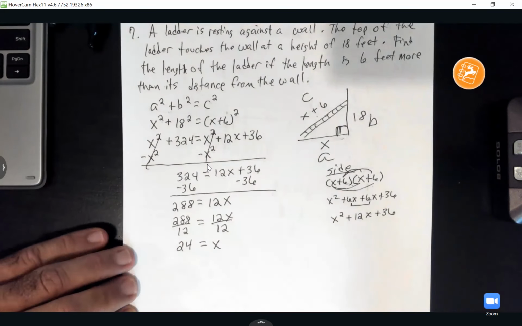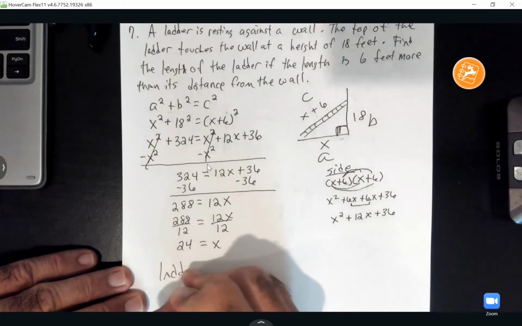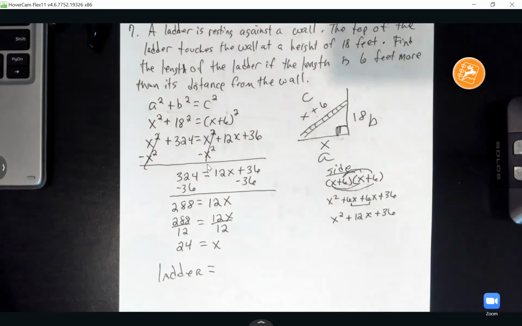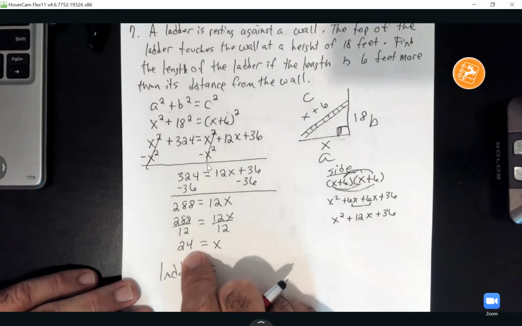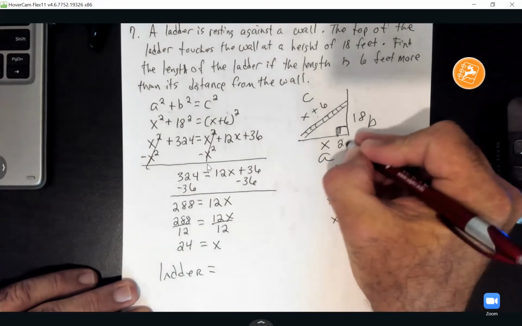24. So y'all, the question of the day, how long is my ladder? 30. 30. Good job. You cannot stop at that 24 because 24 was this distance. Well, we didn't want 24.